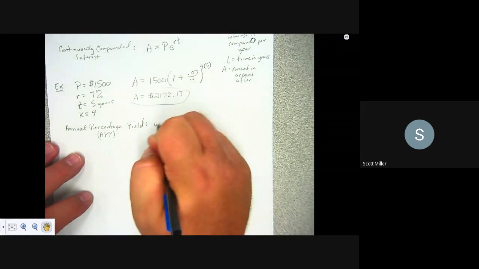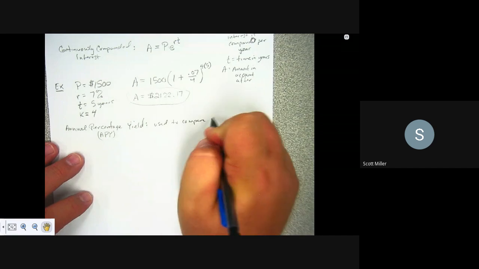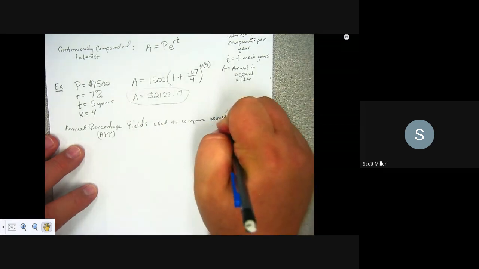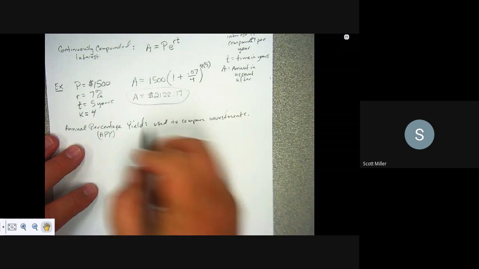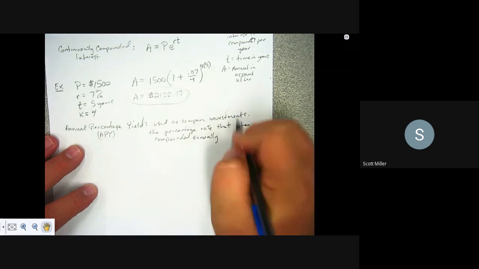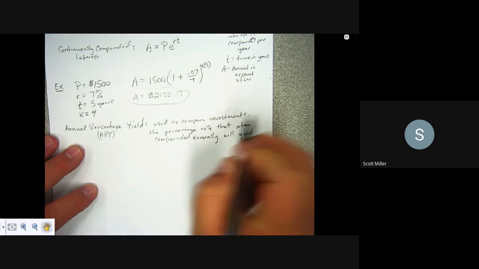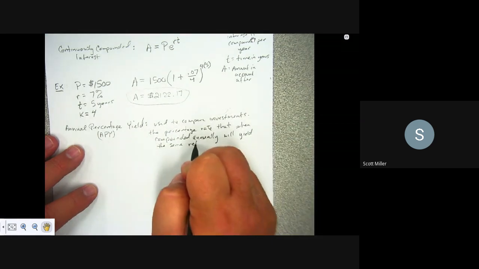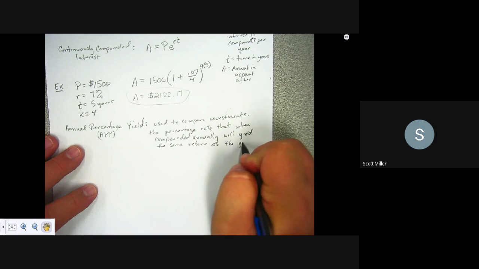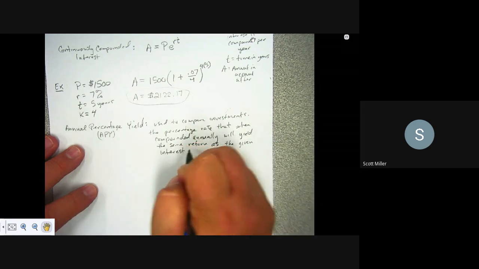And this number is used to compare investments, the percentage rate that, when compounded annually, means one time a year, will yield the same return, meaning the same amount, as the given interest rate.